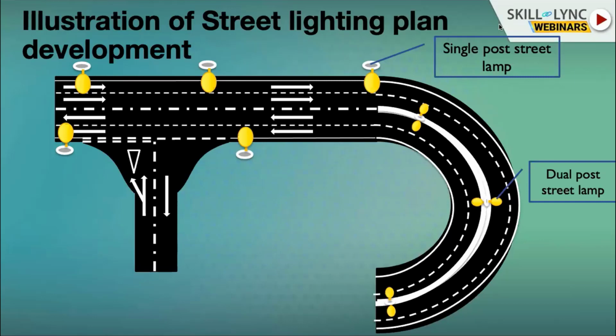Higher vehicular concentration areas and large areas requiring illumination, like toll plazas, need to be illuminated with high mast lighting, which has a larger spread and huge luminous output capacity.